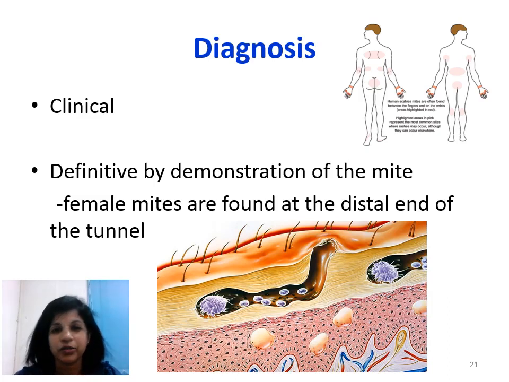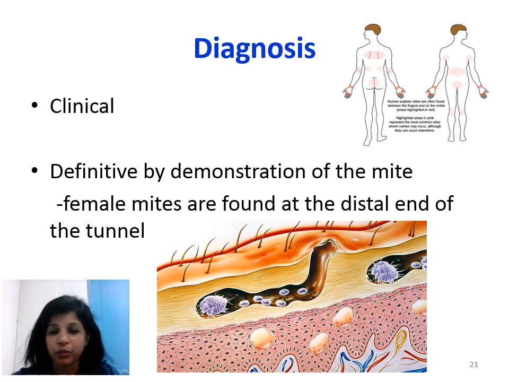So how do we diagnose scabies? Generally, it's a clinical diagnosis. Laboratory confirmation is requested only less commonly. If we have to confirm it via laboratory methods, we have to demonstrate that the mite is in the skin. Generally, these mites are found in a small tunnel-like structure in the skin, under the skin. Generally, they are in the superficial skin.